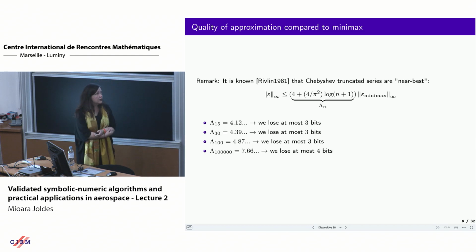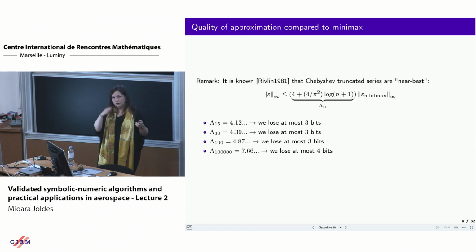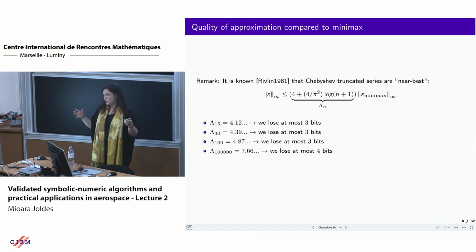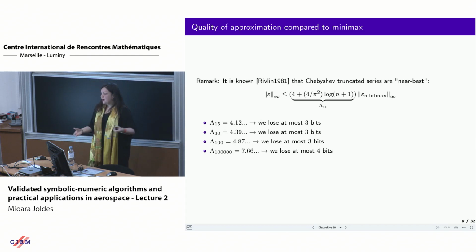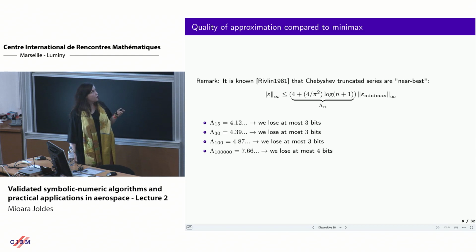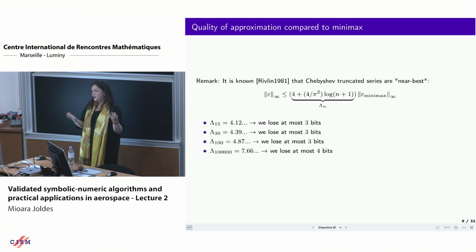We see here that if we do not want to spend a lot of computation to actually compute the best polynomial approximation of fixed degree, we can sometimes just use a truncated Chebyshev series, because the difference between the two will be very small. In terms of supremum norm, we lose very little if we are interested, for instance, in the implementation of some of our favorite elementary functions in fixed precision.